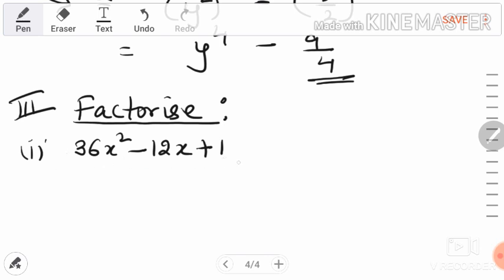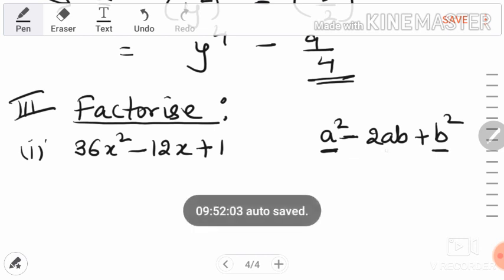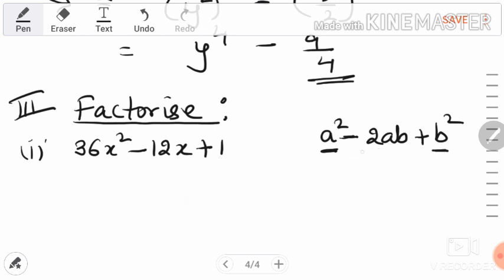So this is the expanded form of the identities that we have studied. So we need to express this question in the form a square minus 2ab plus b square. There are 2 square terms. So first we are going to express the given question in this format, a square minus 2ab plus b square.